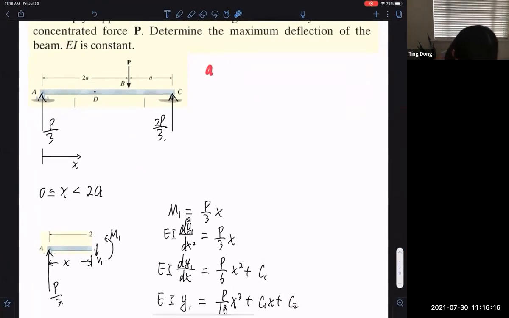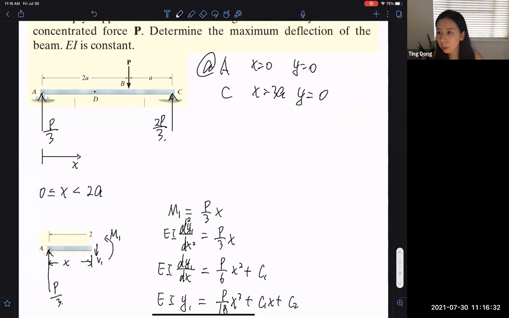At A, x equal to 0, y equal to 0, and at C, x equal to 3a, y equal to 0. So these are 2 equations, but we have 4 unknowns. We need 2 more.